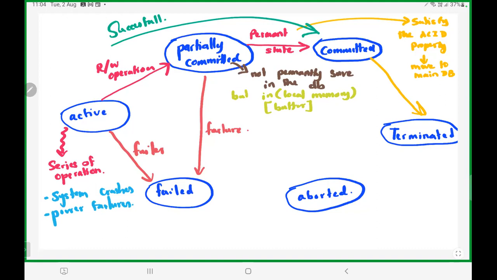If there is a system crash, power failure, hardware problem, software problem, or any such problem, the active transaction will fail and the partially committed one will also fail.